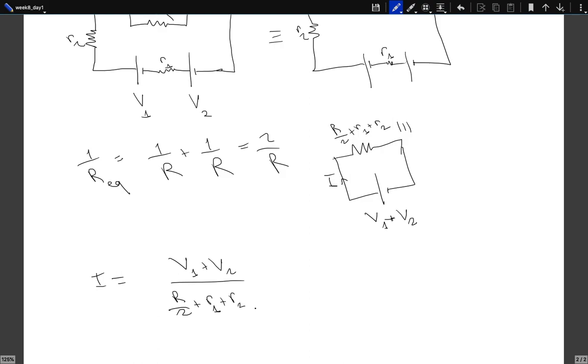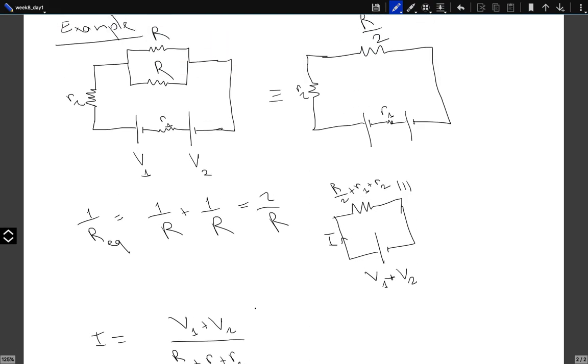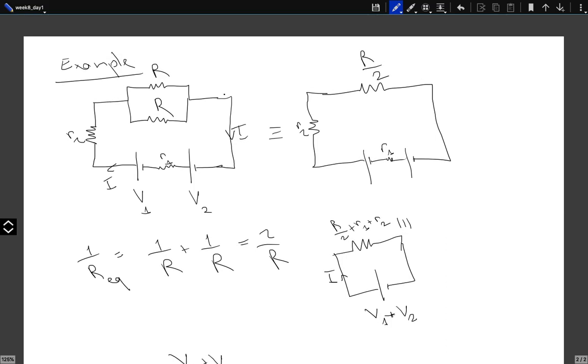This is the current running through all of my system. So this is my I running over here. Now the next question: how much of it goes to the upper resistor, how much of it goes to the lower resistor? This is I1, and let's say this is I2.